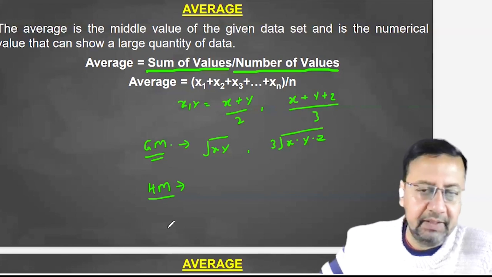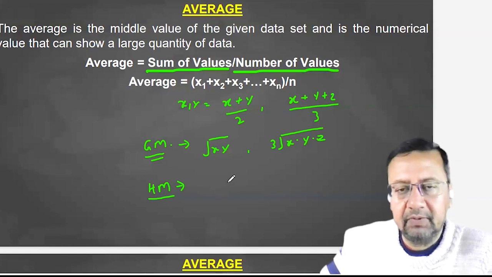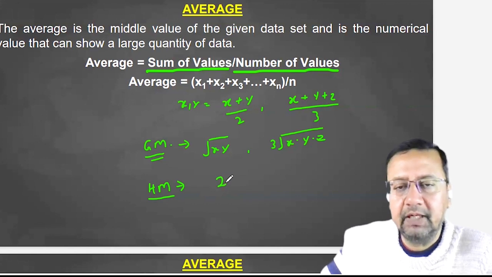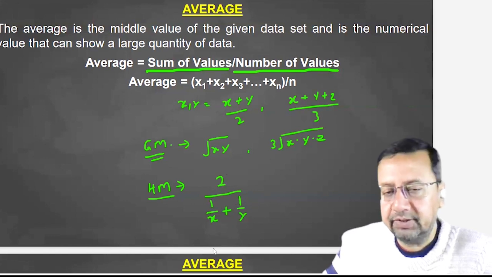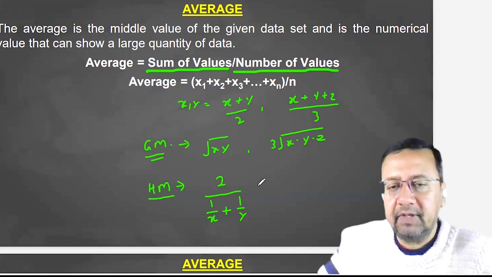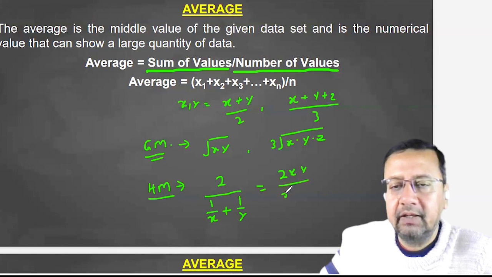Right. Suppose I want to calculate for the two values x and y: this is 2, the count of the values, divided by the sum of the reciprocals of these values. When you simplify this, it comes out to be 2xy divided by x plus y, right?